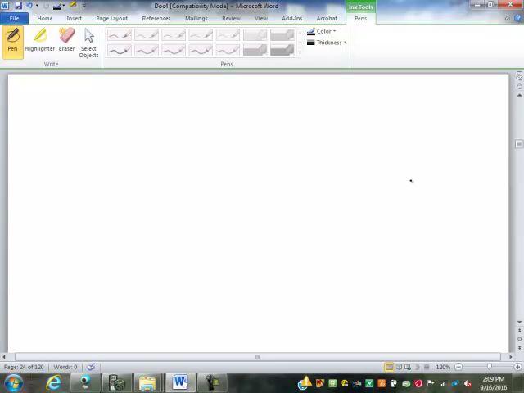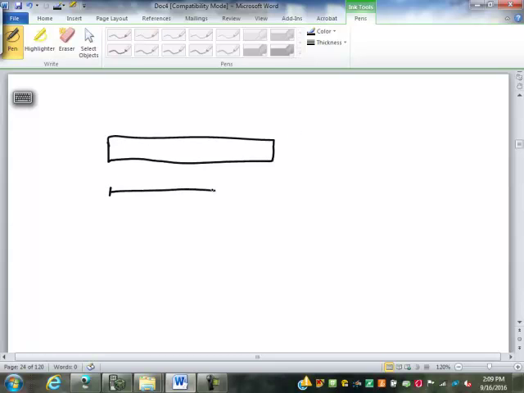What I'm going to look at here is kind of the reverse of a problem we did last class. I'm going to have a rail on the bottom of a table that is 40 inches long.